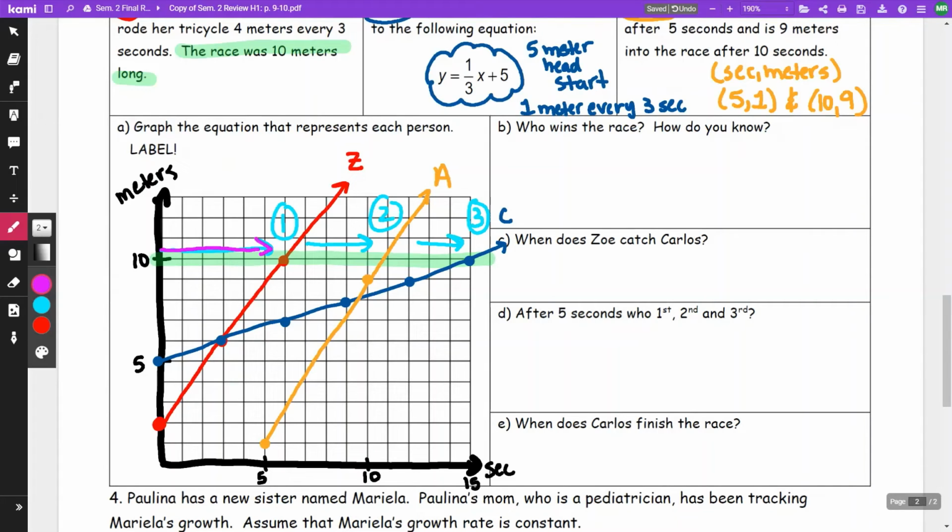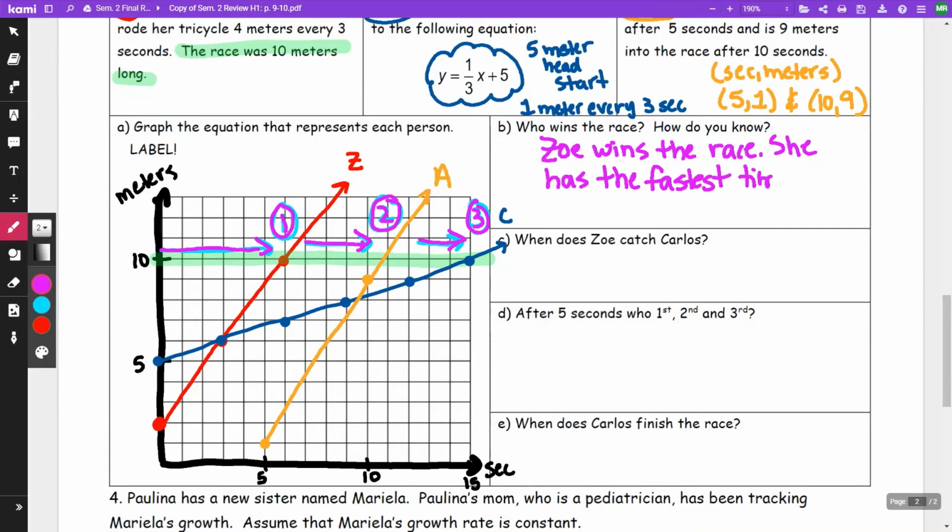My first place person is Zoe, my second place person is Andrew, and my third place person is Carlos. So Zoe wins the race. She has the fastest time, which is 6 seconds.